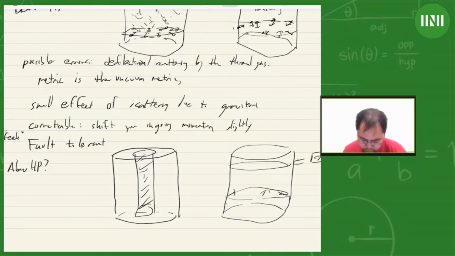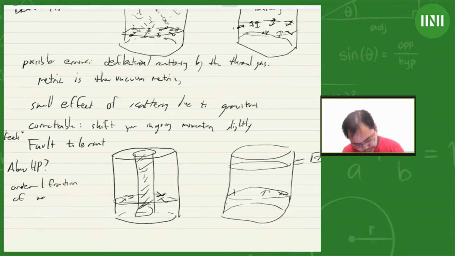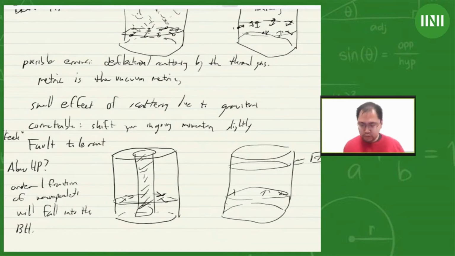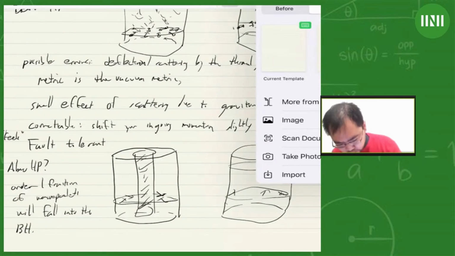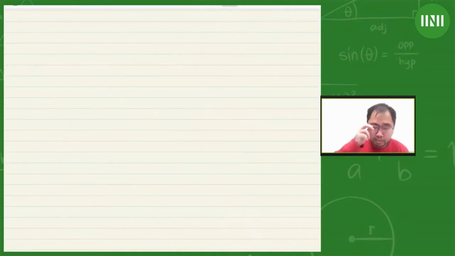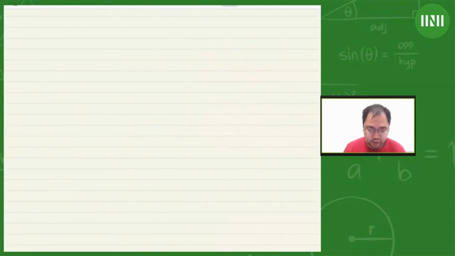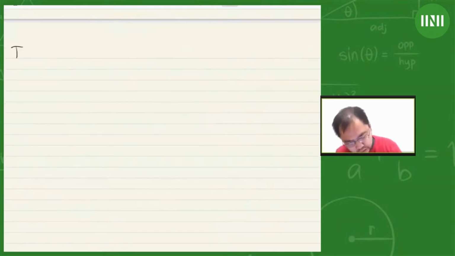So this is a problem, because now if I try to do exactly the same thing, I have ingoing wave packets, and some order 1 fraction of the wave packets will fall into the black hole. Right? So some order 1 fraction will fall into the black hole, and you say, okay, that's fine.